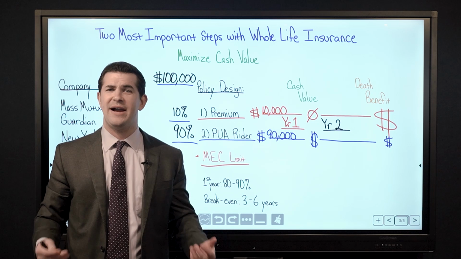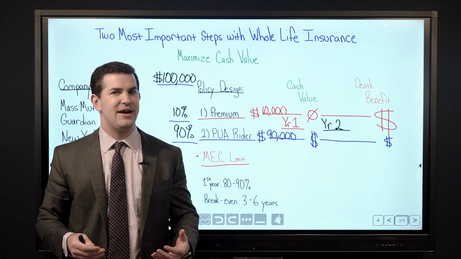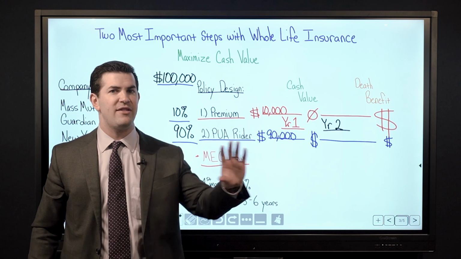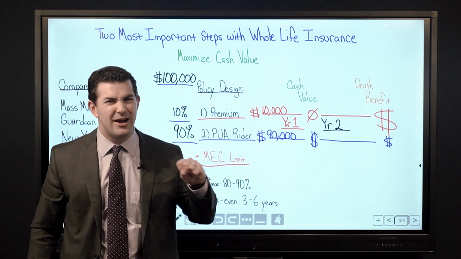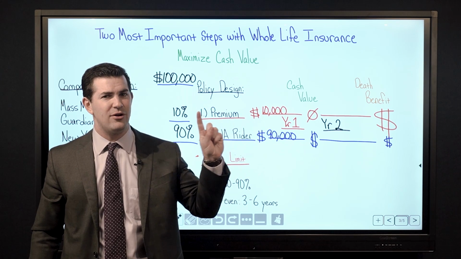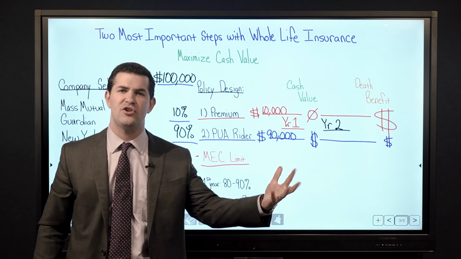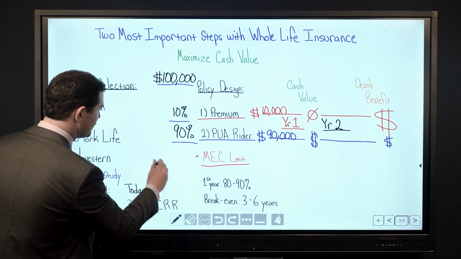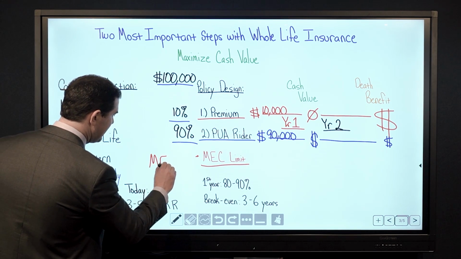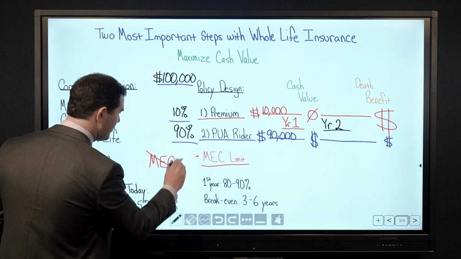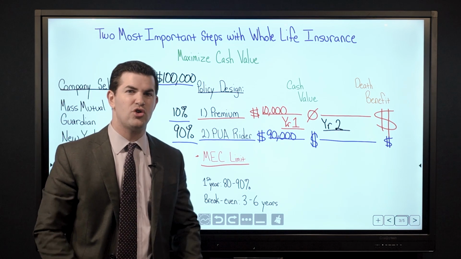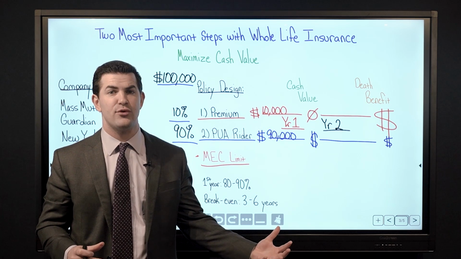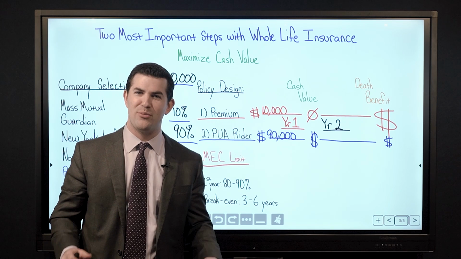If it does, the cash value still grows tax deferred, but anything I access, I have to pay ordinary income tax only on the gains, and also a 10% penalty if I touch it prior to age 59 and a half. That is only if your life insurance policy becomes classified as a modified endowment contract. So we don't want that because it strips the policy of one of the most attractive benefits, being the tax-free aspect. So how do we prevent it?